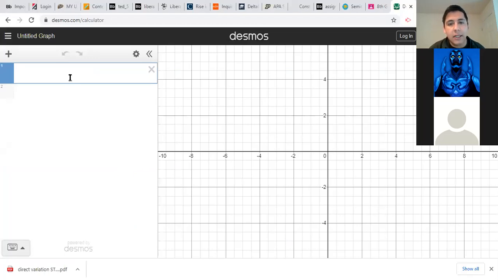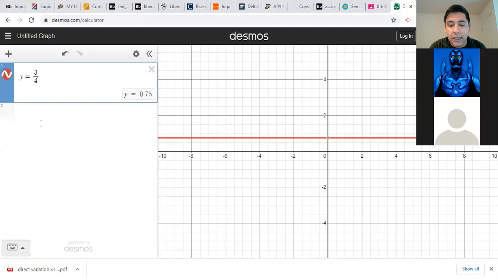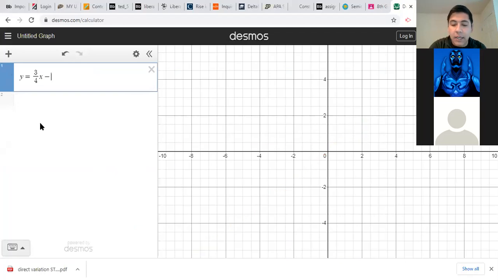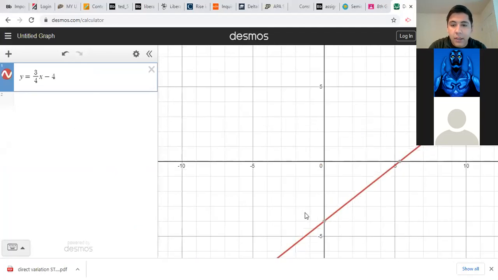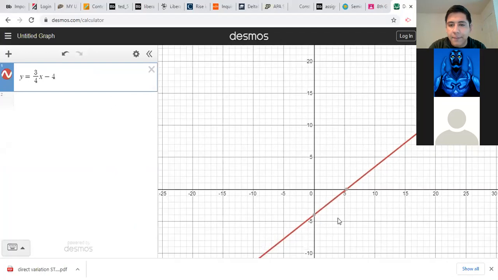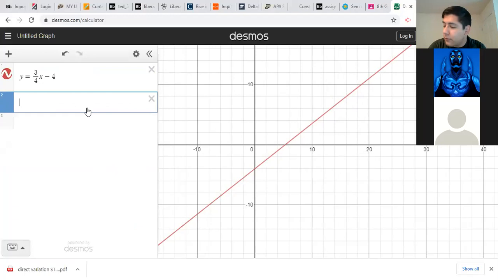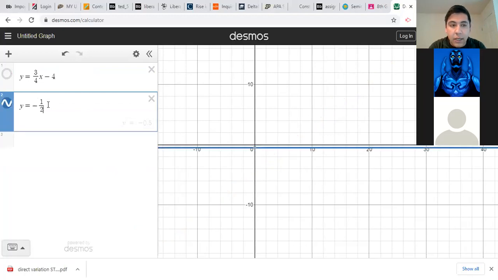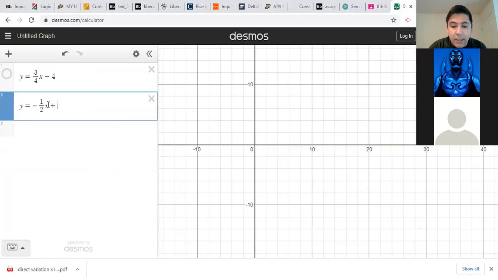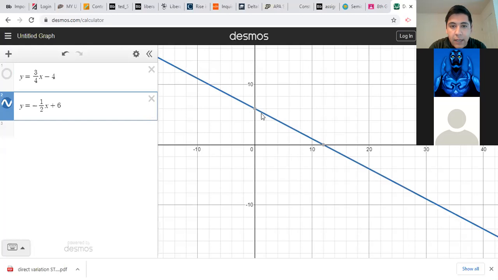But let's go ahead and graph our two equations. We're going to have y is equal to 3/4 x minus 4. So you see we have a regular line there, not a big deal, okay? And then we're going to have y is equal to negative 1/2 x plus 6. And we have another line right there.